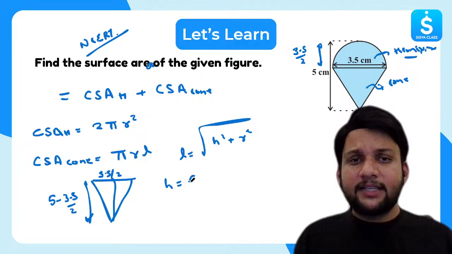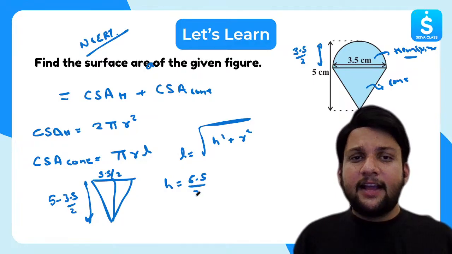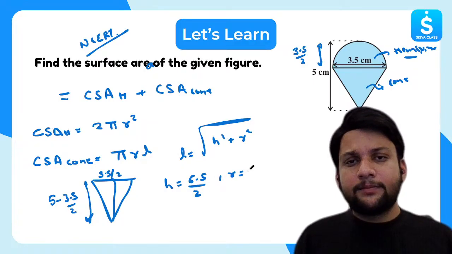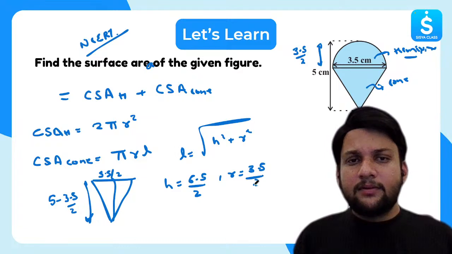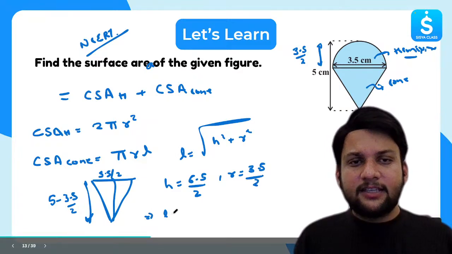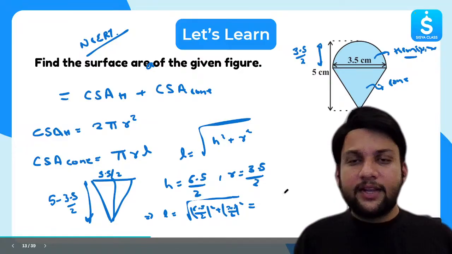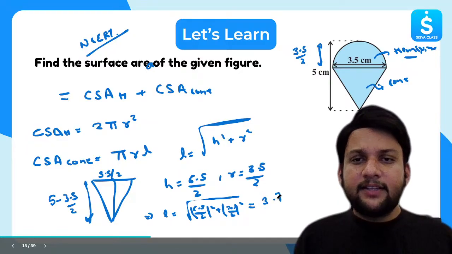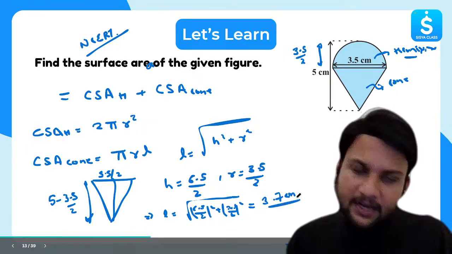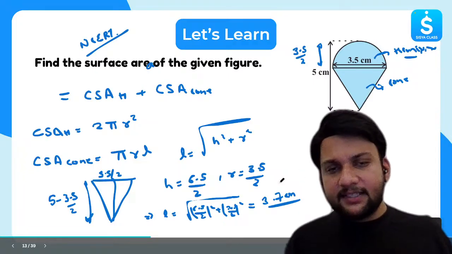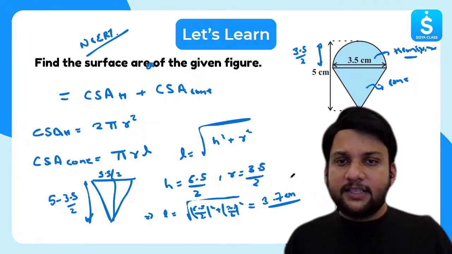If I solve it, I will get 6.5 by 2. Right. And r is what? 3.5 by 2. So if I calculate this, L is equal to square root of 6.5 by 2 whole square plus 3.5 by 2 whole square. And if you simplify this, you will get somewhat 3.7 centimeters. Clear? Up till now, is it making sense? How I found L, 3.7 centimeters.